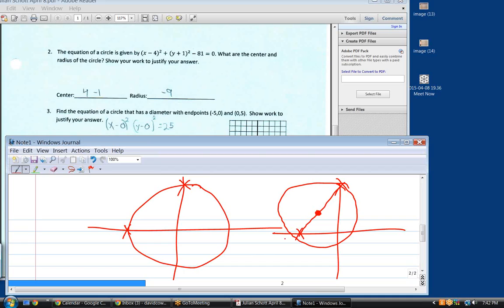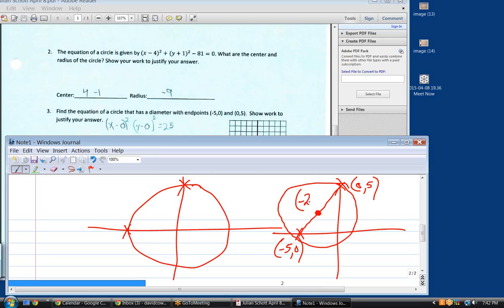The question is, where is that? There's minus 5 comma 0. There's 0 comma 5. What do we want? We want the midpoint, don't we? What's the midpoint? What's halfway between 0 and minus 5?